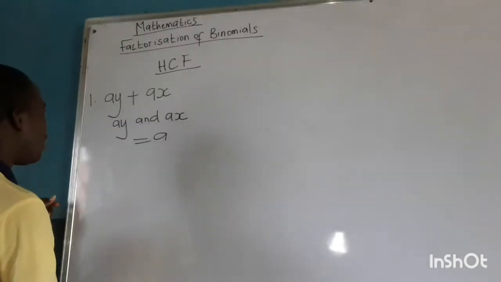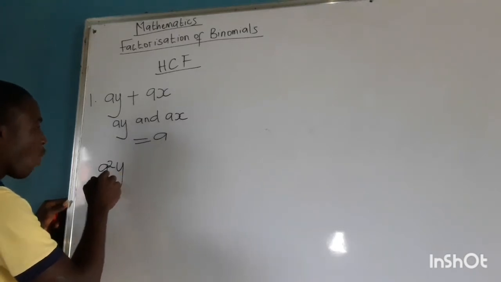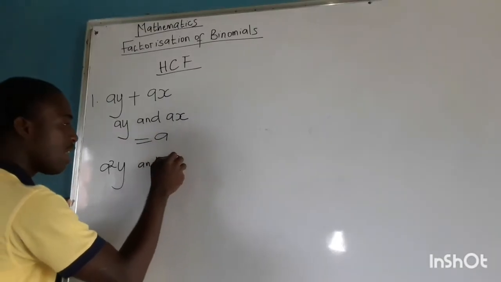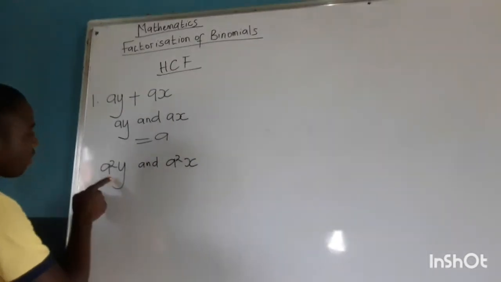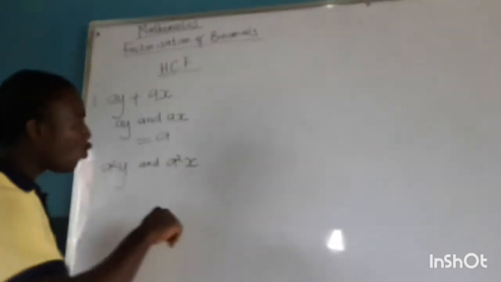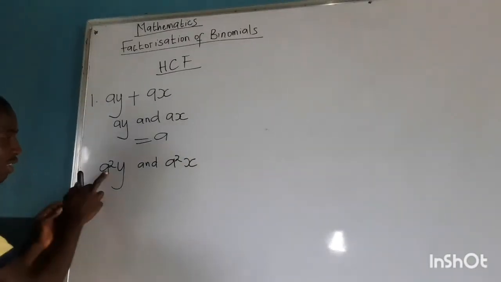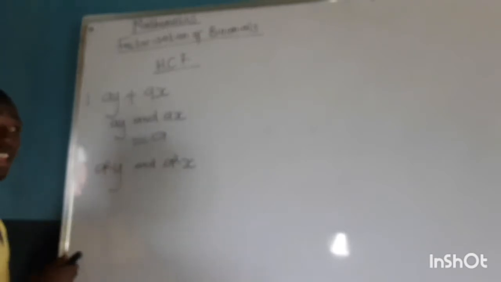Now let's go forward a little. If you get A square Y and A square X, now wetin be the HCF? In other words, wetin you dey see for here wey you also dey see for here. E no dey easy, e no dey difficult. You dey see A square here, you also dey see A square here.